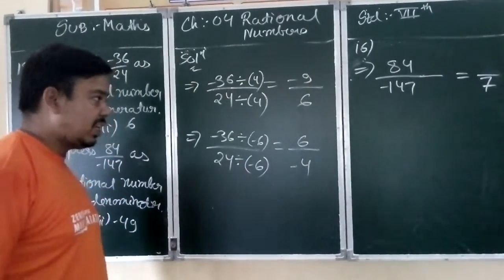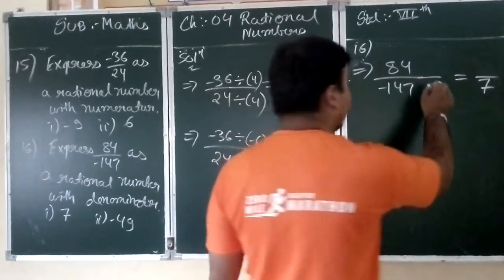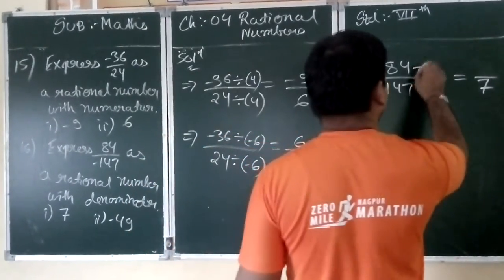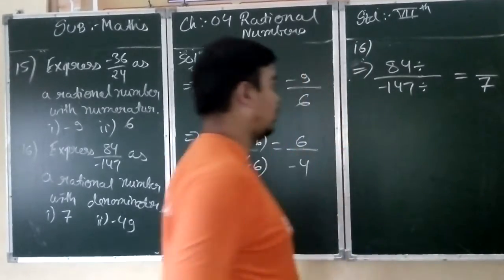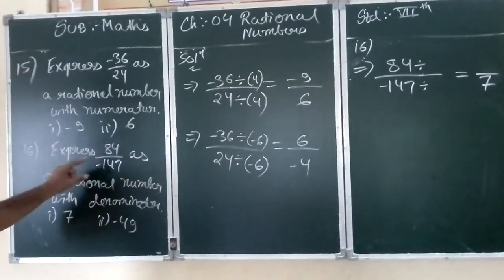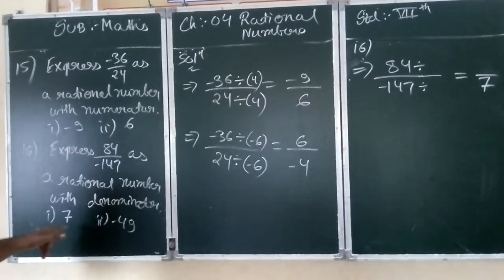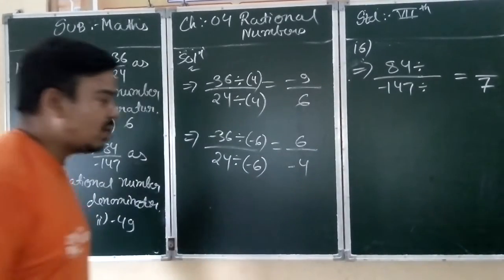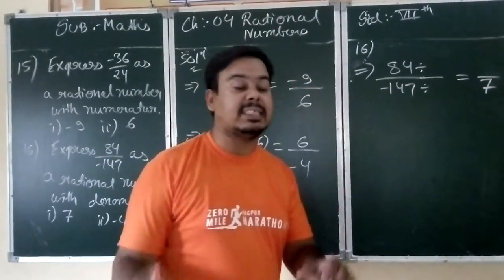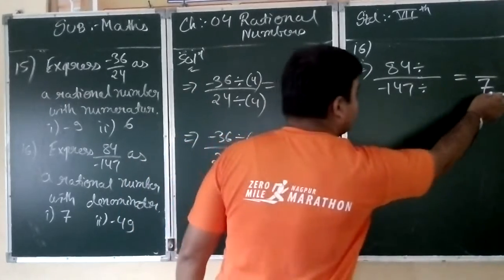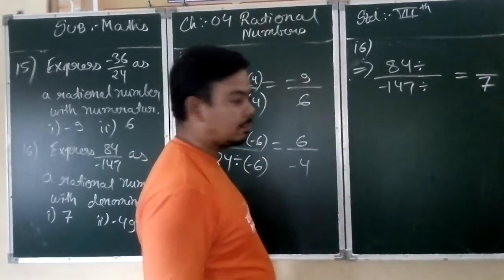So minus 147 divided by which number to get the answer 7? Express 84 by minus 147 as a rational number with denominator 7. So minus 147 divided by which number to get 7? Minus 21.